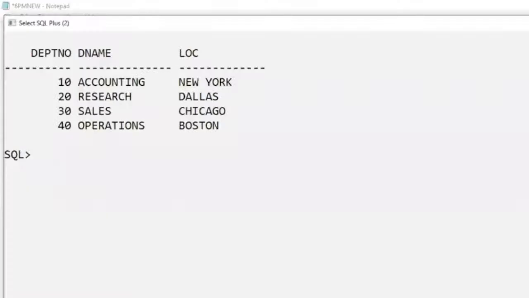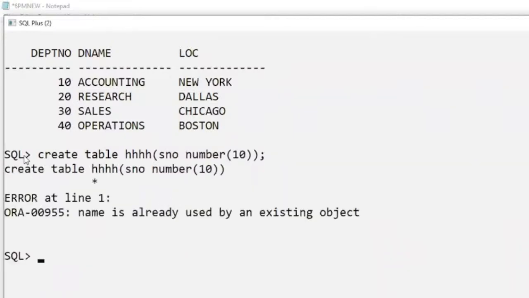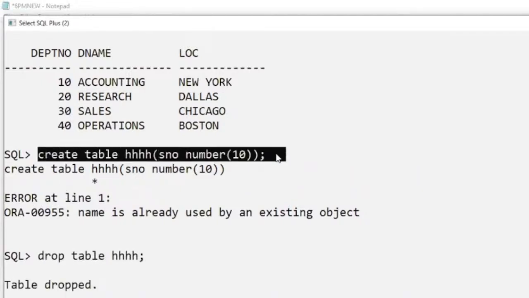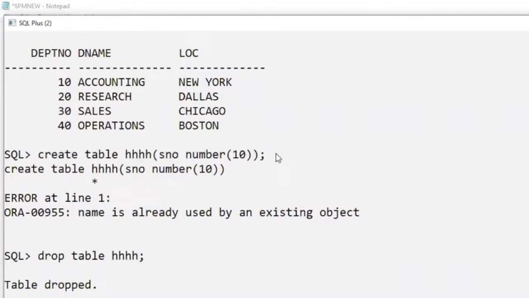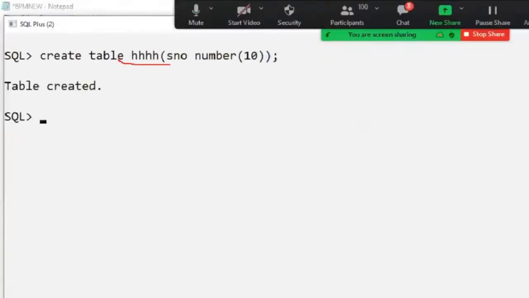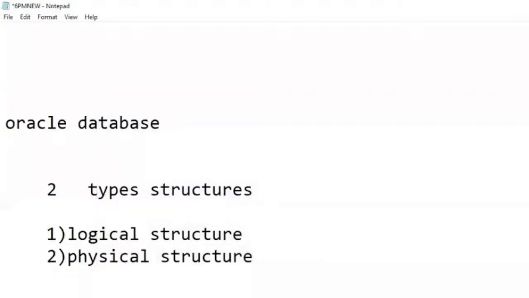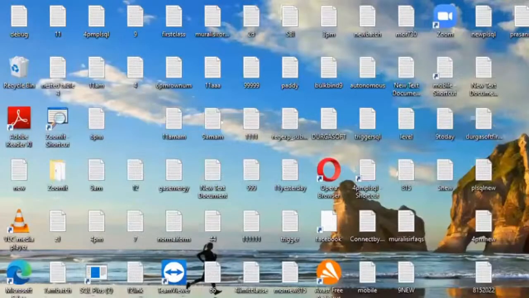Suppose you are creating a table or anything in your database, for example. Any table I'm creating like this. Whenever I'm creating a table, observe here, this is not visible in the operating system.